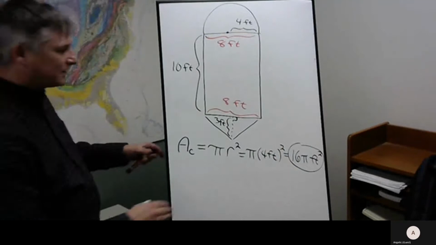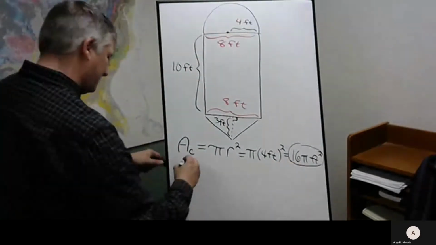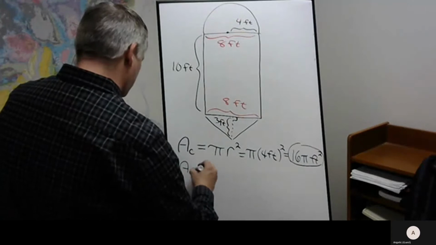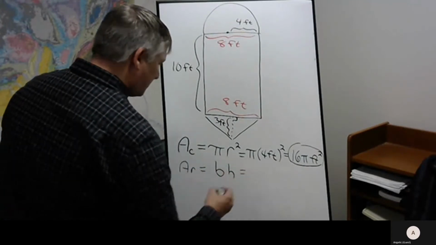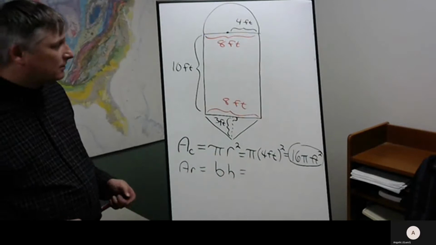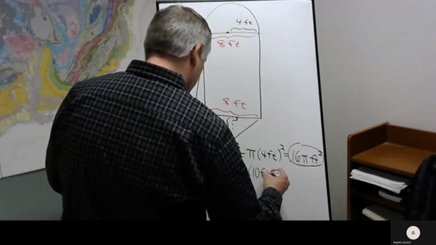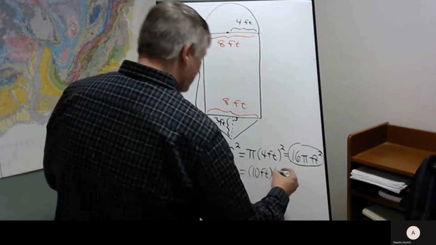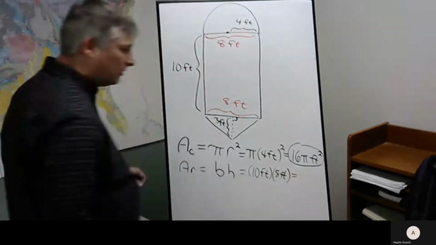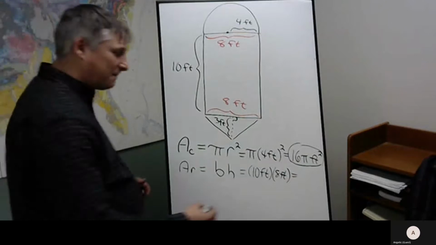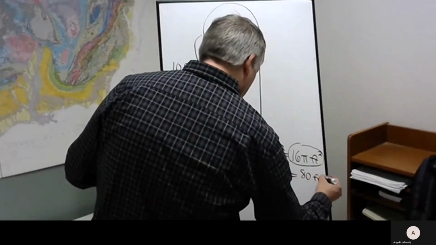Now for the area of the rectangle, that's just going to be base times height, or 10 feet times 8 feet, or 80 square feet.